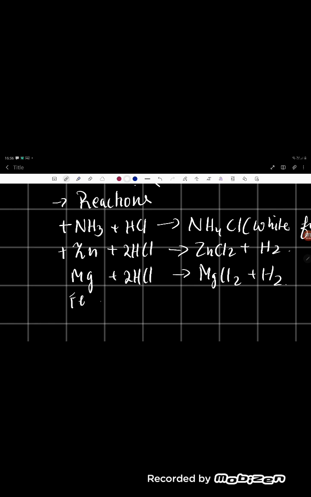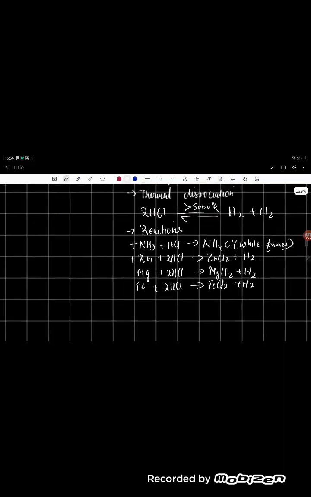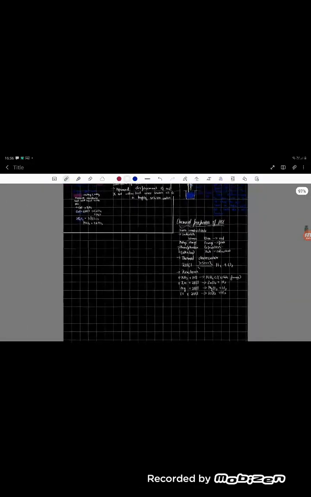Now Fe has two valencies and forms two chlorides, FeCl3 and FeCl2, but usually the lower chloride is formed, so FeCl2 plus H2. That is it for hydrogen chloride gas.